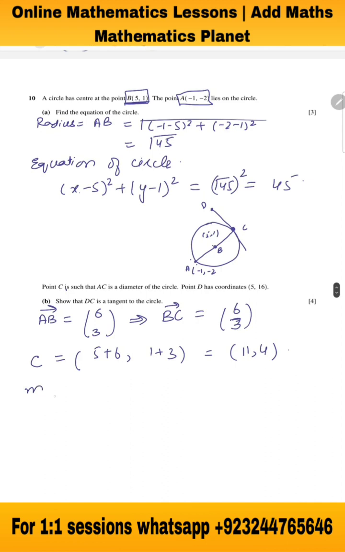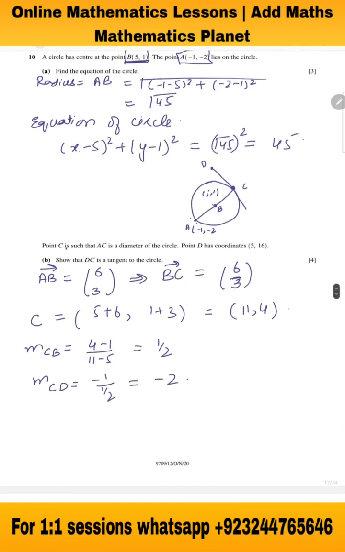So the slope of CB and the slope of CD, which is equal to minus 1 over 1 by 2. So we have to show that DC is tangent to the circle.